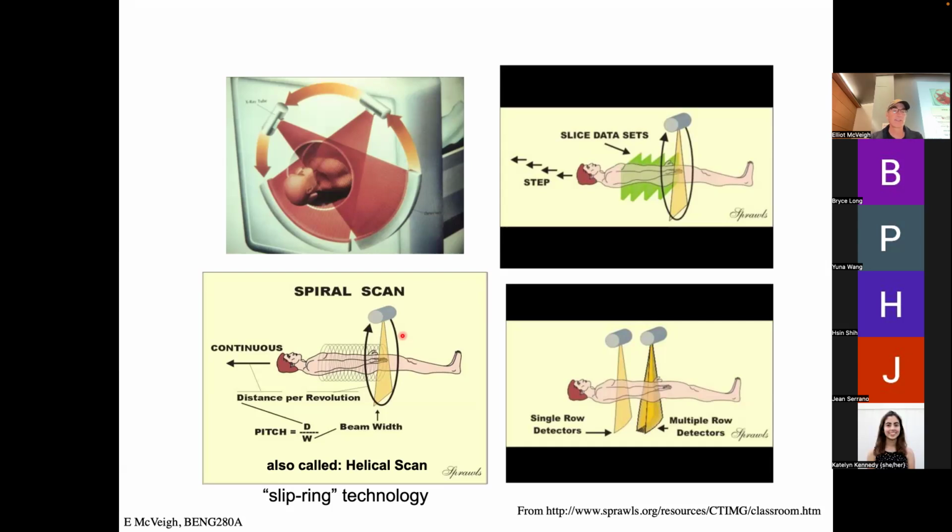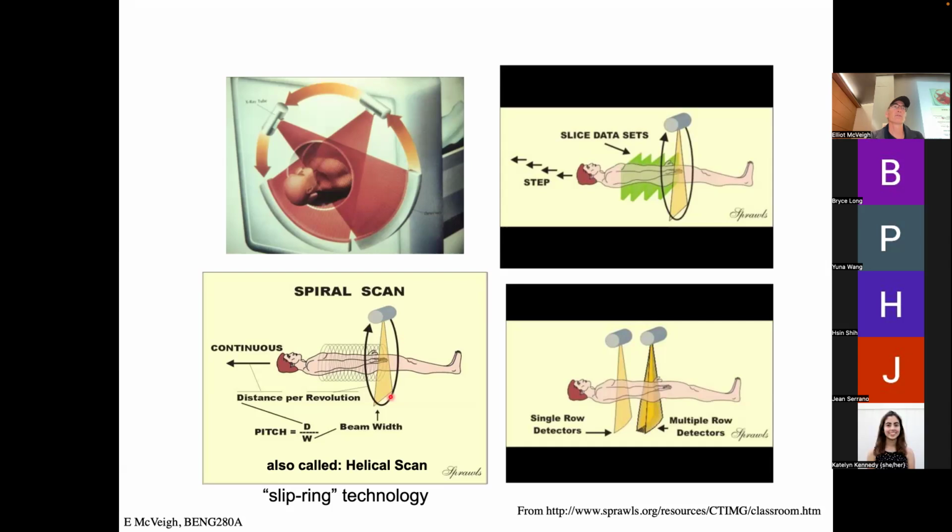The big deal there was normally your detector's down here, and you have all these cables coming out for the signals, right? Then they would rotate the gantry, and all the cables would rotate with the gantry and stop. Then you'd have to go the opposite direction because you couldn't wind these cables continuously, right? They would break.